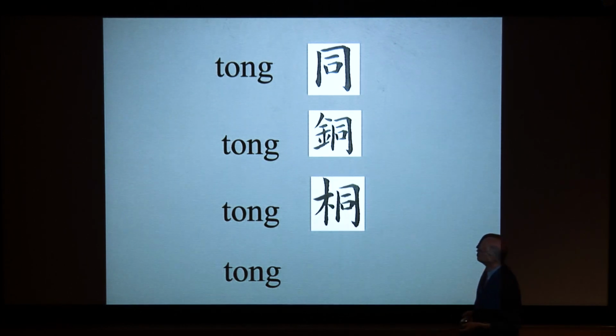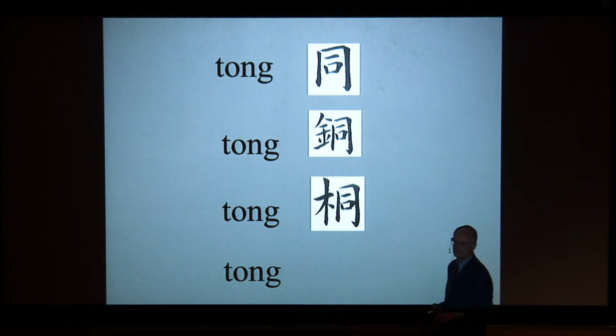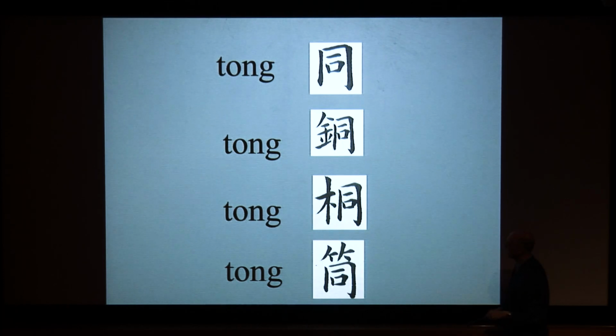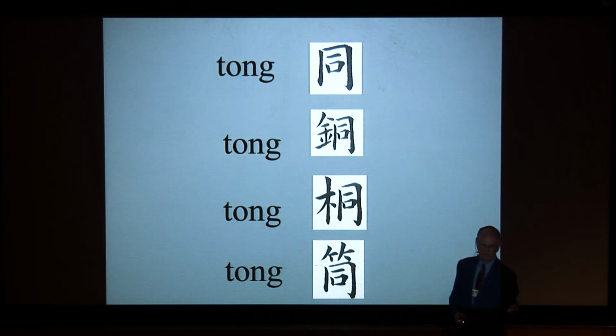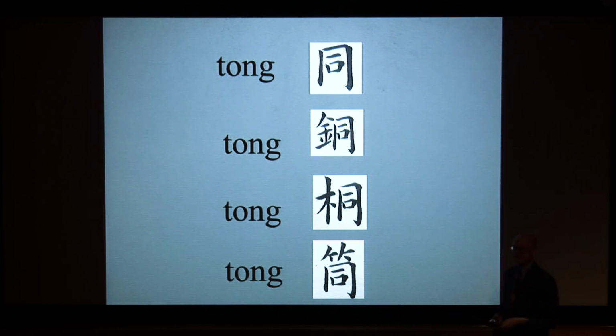What about the tree? Well, this is a signifier for all things to do with trees and wood. And for the tube, the pipe, those things were made out of bamboo in the old days. This is a signifier for everything to do with bamboo. The system is brilliant.